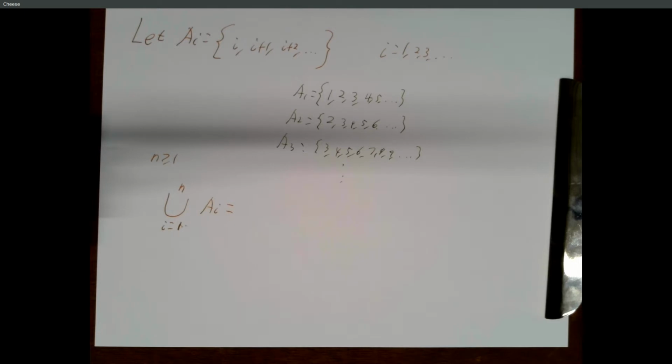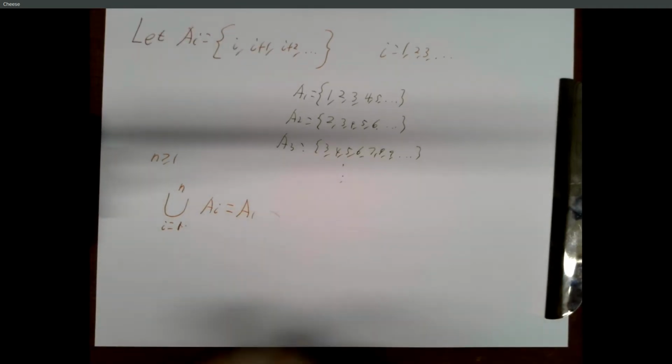If you have an idea, shout it out. Just the integers 1, 2, 3, 4, 5, which is just A1. Does that seem reasonable? That's in fact what this union is.